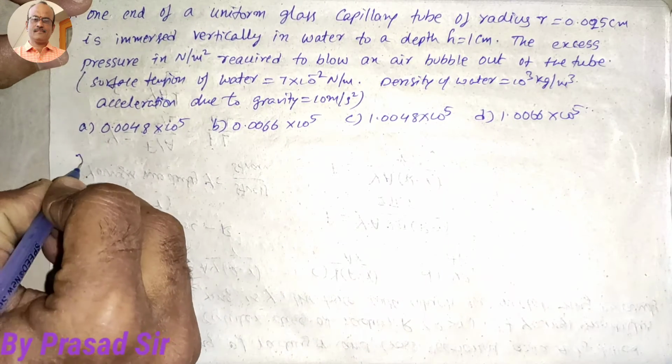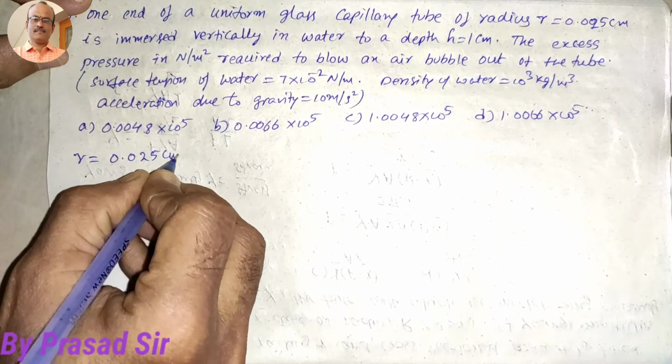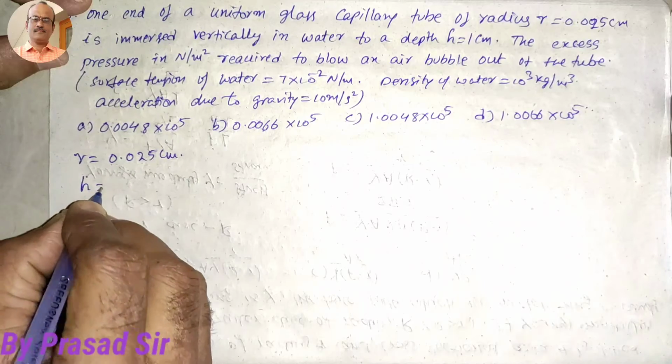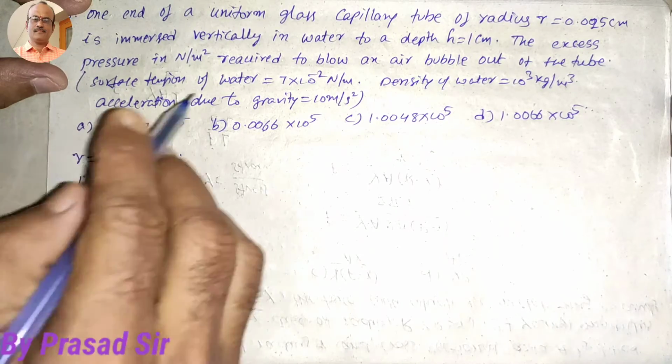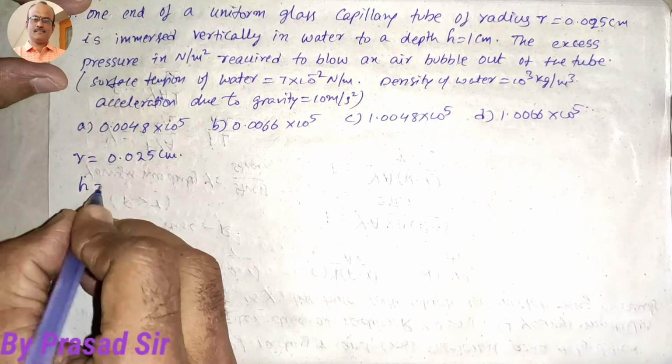So first of all, given: radius is equal to 0.025 centimeters, and the depth h is equal to 1 centimeter, vertically immersed in the water.